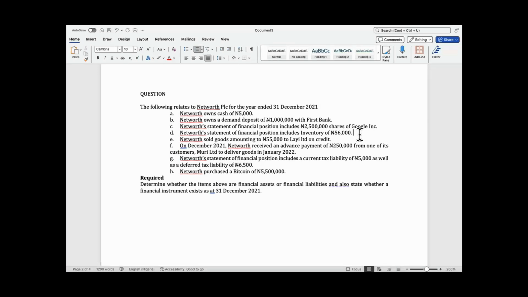Inventory, no, it's not a financial liability. When you have inventory, yes, it's an asset, but it's not a financial asset because inventory is not cash. Inventory is not an equity instrument of another entity.